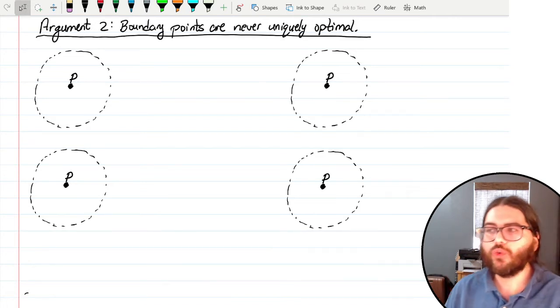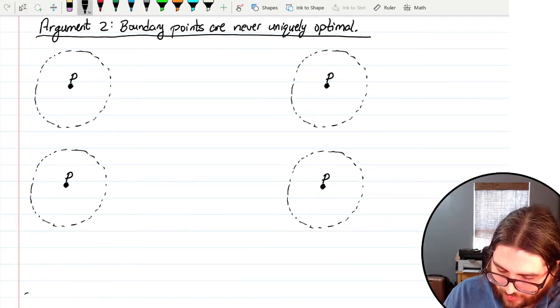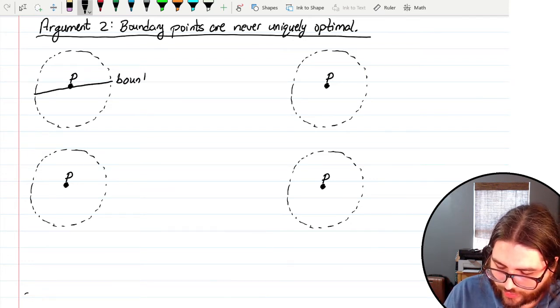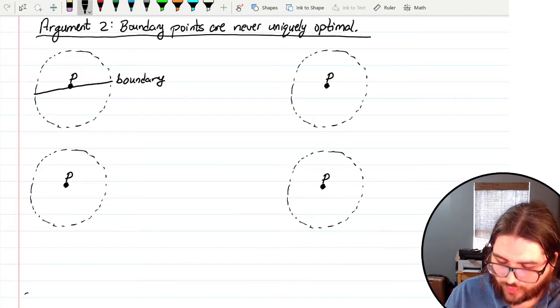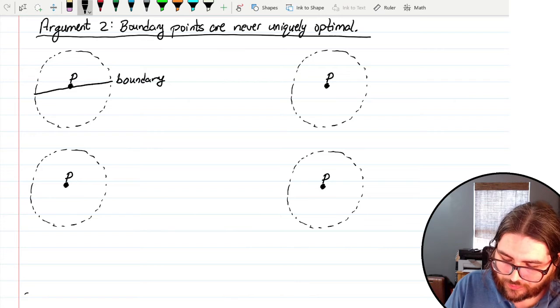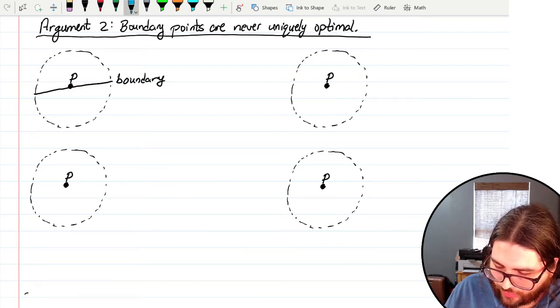Right, so let me draw you a couple of different possibilities. And so let me say my boundary line goes in this direction. I will draw all of my boundaries in black. My boundary line goes in this direction, and my isoprofit line goes in this direction.